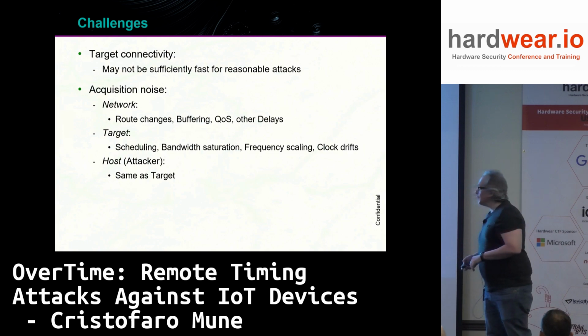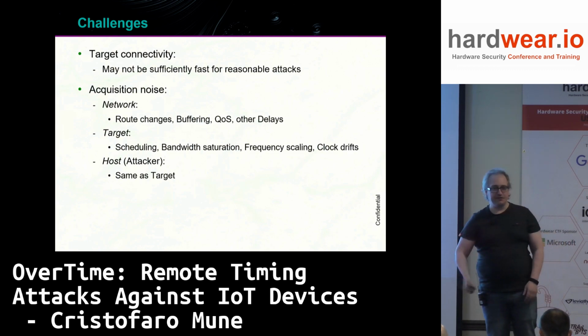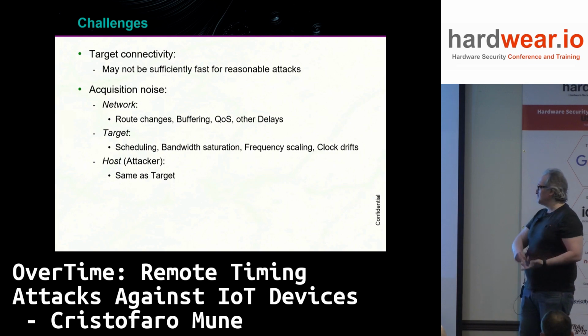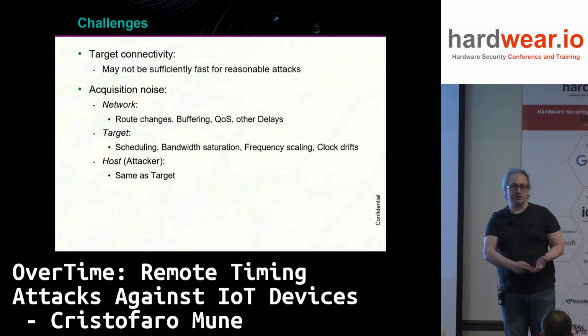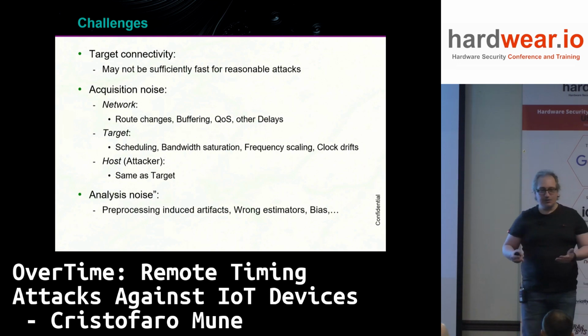There is acquisition noise, network, you change routes, there is buffering, buffer bloating, QoS, other delays. The target has problem with scheduling, bandwidth saturation, frequency scaling, clock drifts, and the same on the host side. And also, once you collect the data, you start to process the data, do statistical analysis.